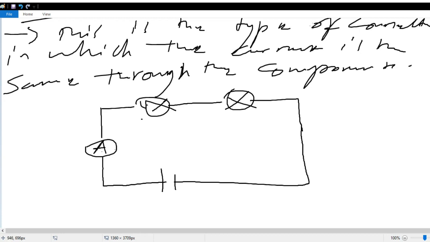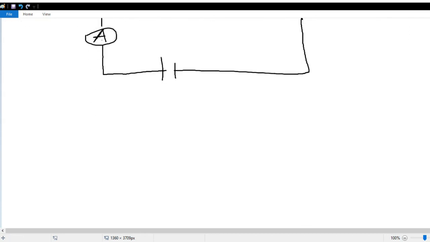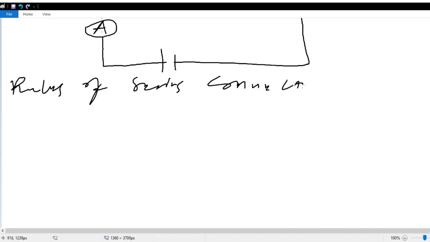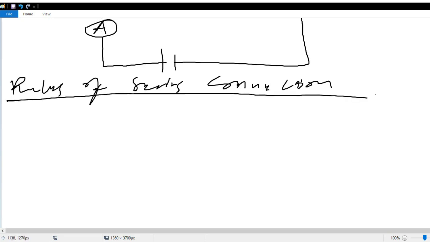Let us look at some of the rules of series connection. It is important to know the rules. The first rule states current flows in one direction.